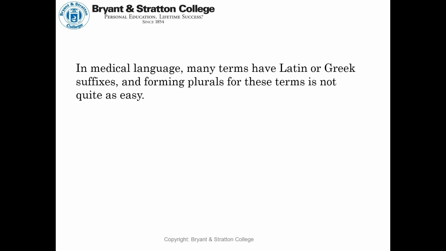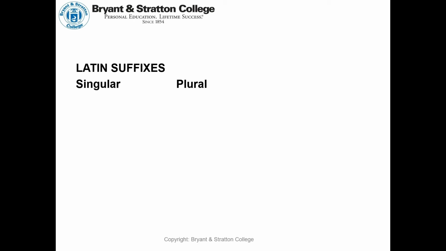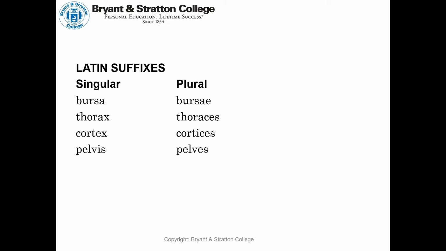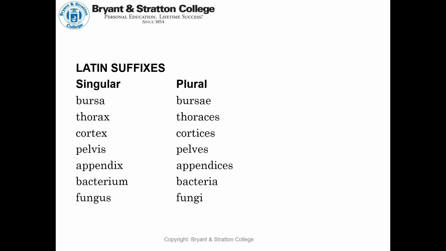So we already know this by now, but most terms are Latin or Greek based. So you'll see some suffixes that indicate singular versus plural. This is just something that you'll have to learn, and it's going to take practice. Okay, so this general idea applies here where you see the full word.